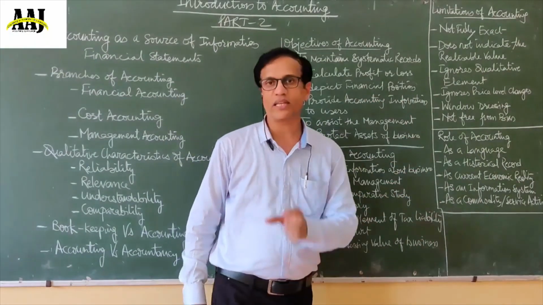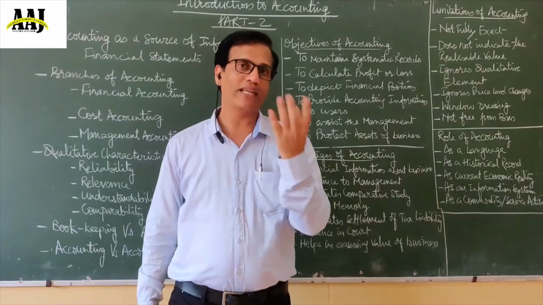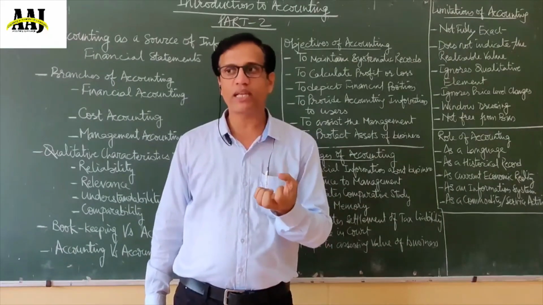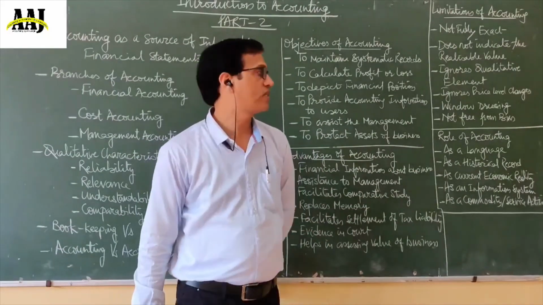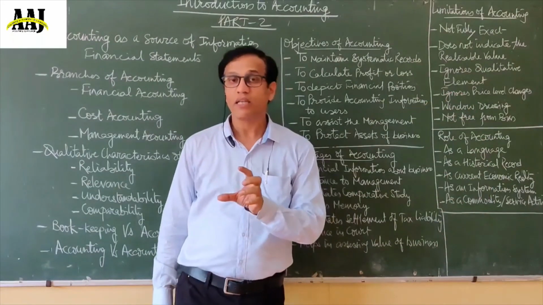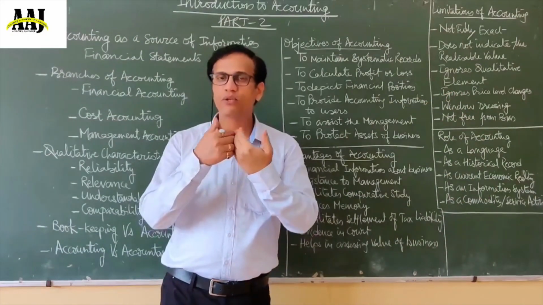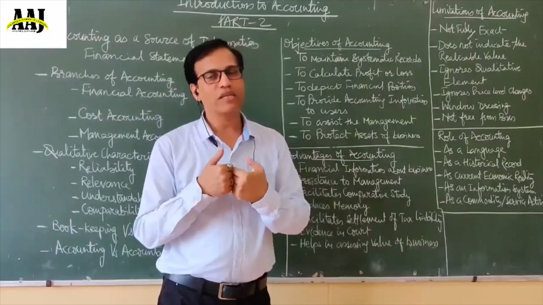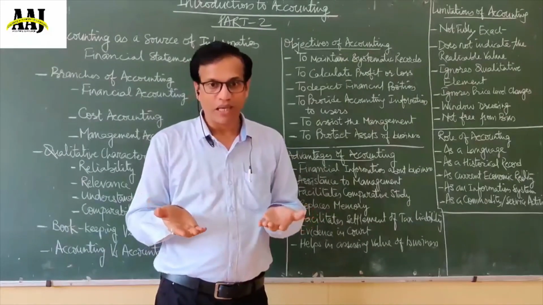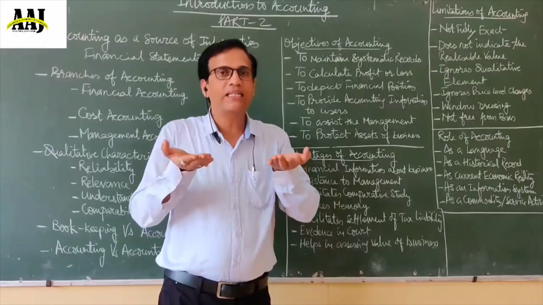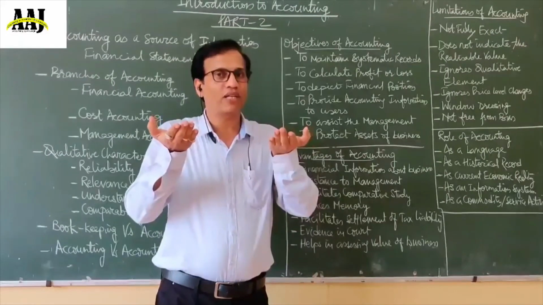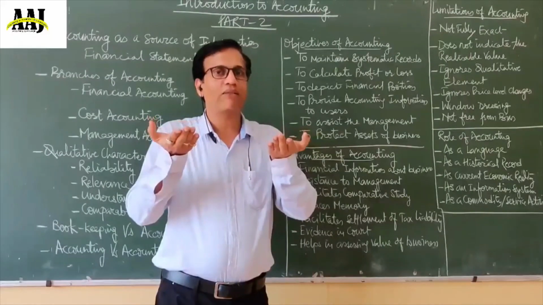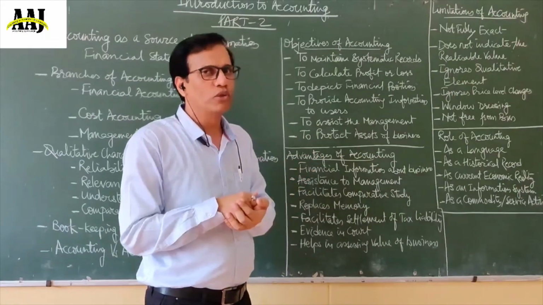Then window dressing. Window dressing means manipulating. Manipulation in the financial records is termed as window dressing. Sometimes, to show ourselves better, we may use some wrong means. That means we increase the value of our assets, showing them at a higher value. And how to do that?